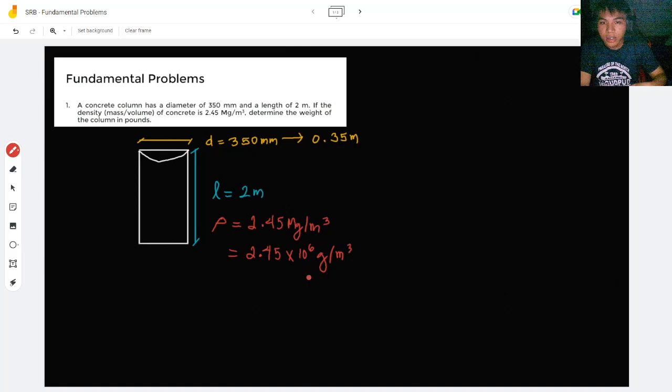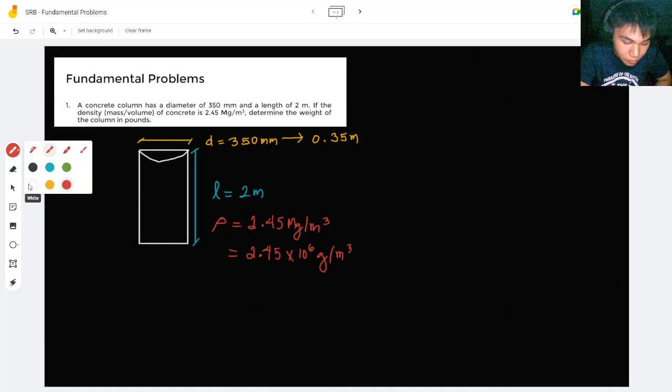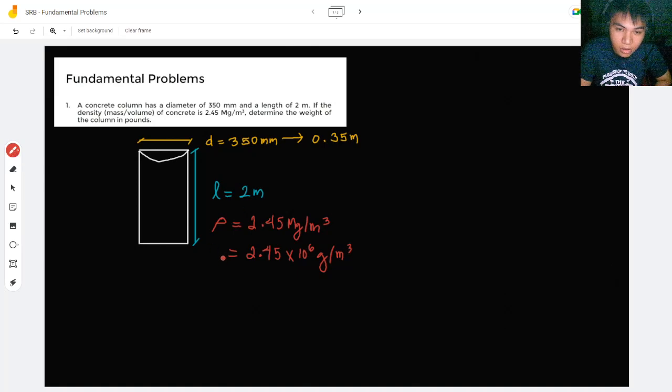Now that we have consolidated our units into something we can work with, we have to consider what is asked of us. We have to determine the weight of the column in pounds. So we need to analyze what can give us the weight of this concrete column. First, we look at this formula.